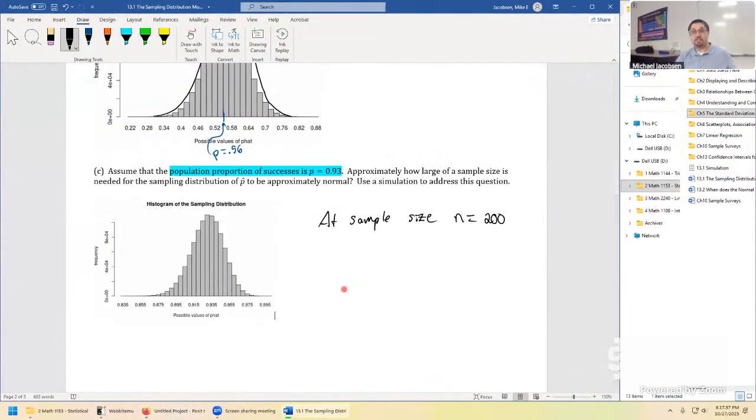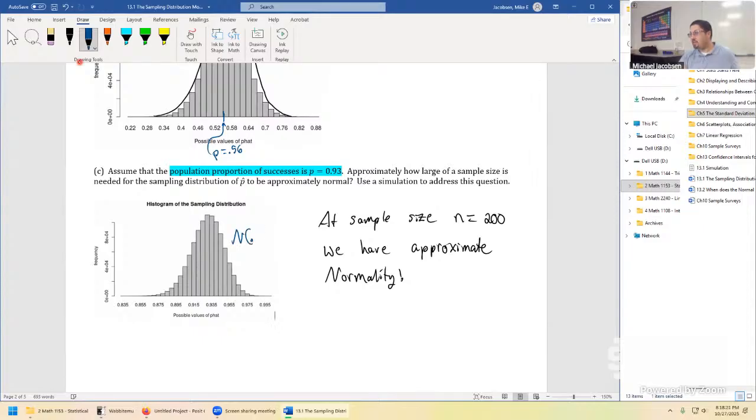Yes, at sample size 200, the sampling distribution is approximately normal. We have approximate normality. So we could draw a curve to it if we'd like, just like before. But notice once again, this would be at 0.93.